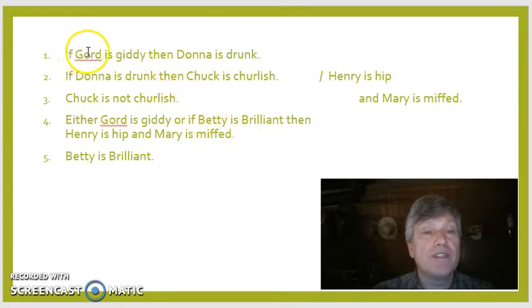Okay? So now I'm looking at the information I have so far. Notice the first two premises. I have if Gord is giddy, then Donna is drunk. And I have if Donna is drunk, then Chuck is churlish. Well, notice I have two conditionals, and the consequent of the one is the same as the antecedent of the other. So I notice that these two statements fit the pattern of hypothetical syllogism, right?